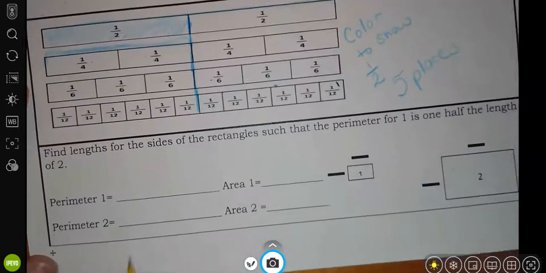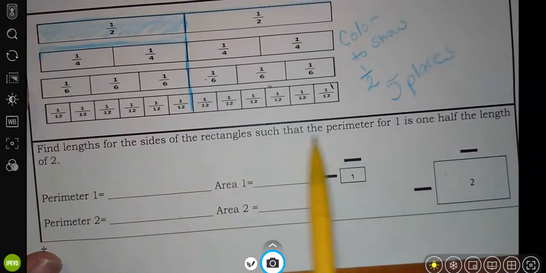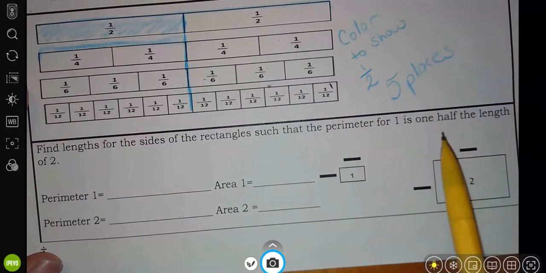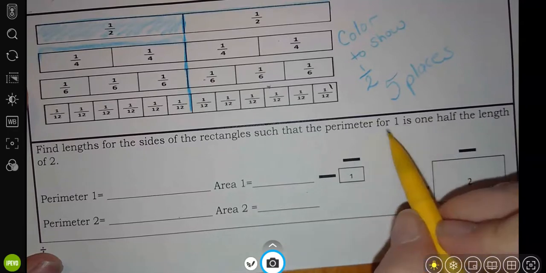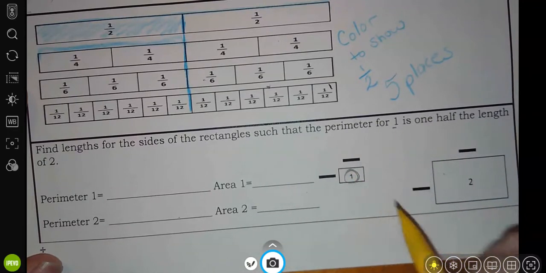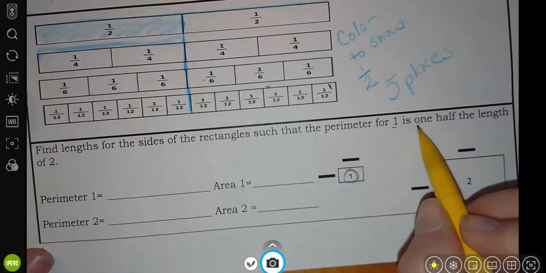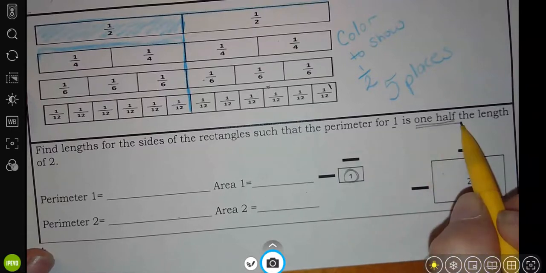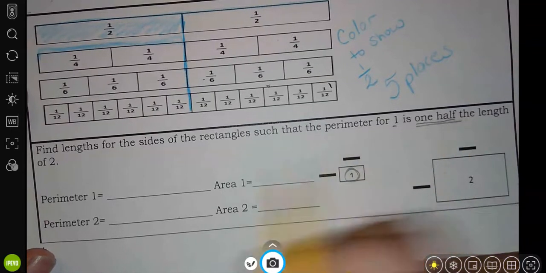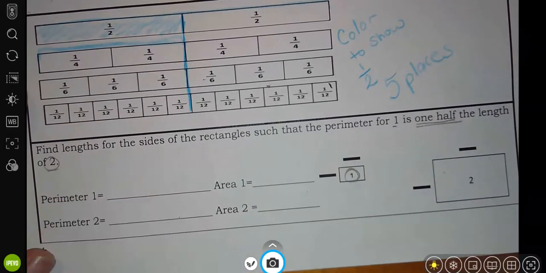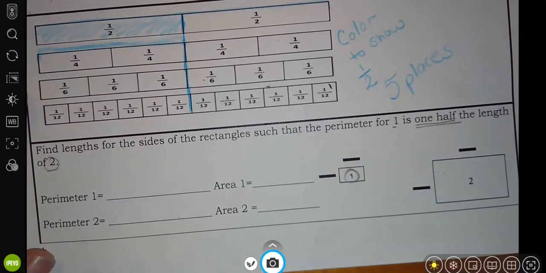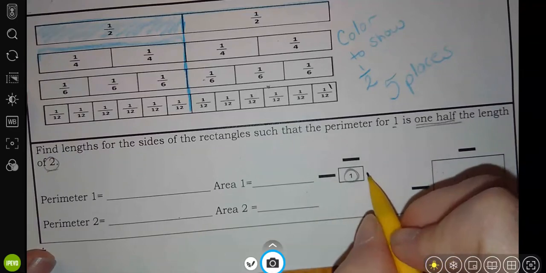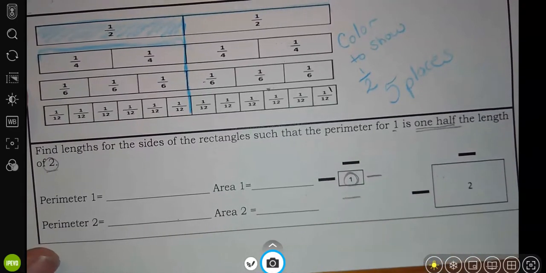This last section, find the lengths of the sides of the rectangles such that the perimeter for 1, so here's rectangle 1, has to be 1/2 that of number 2. So first of all, let's think totals, right? Perimeter, you have to add all 4 sides.